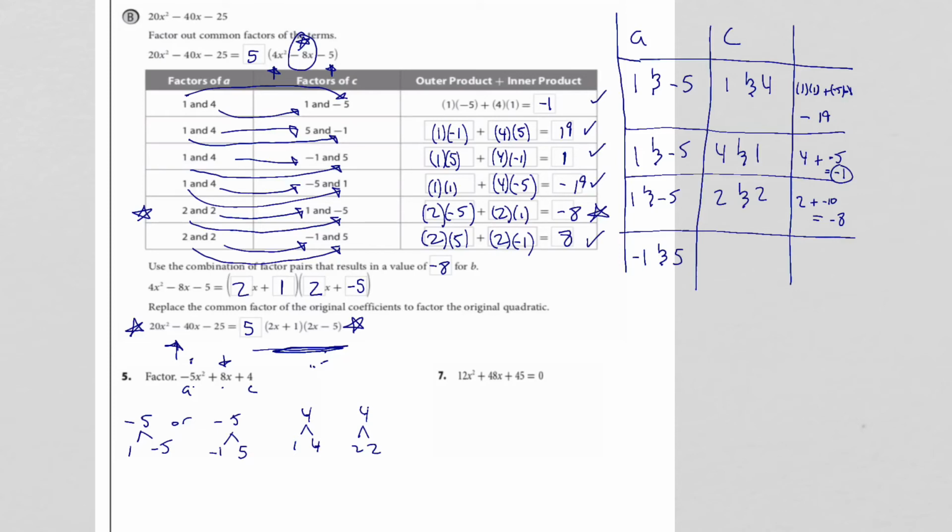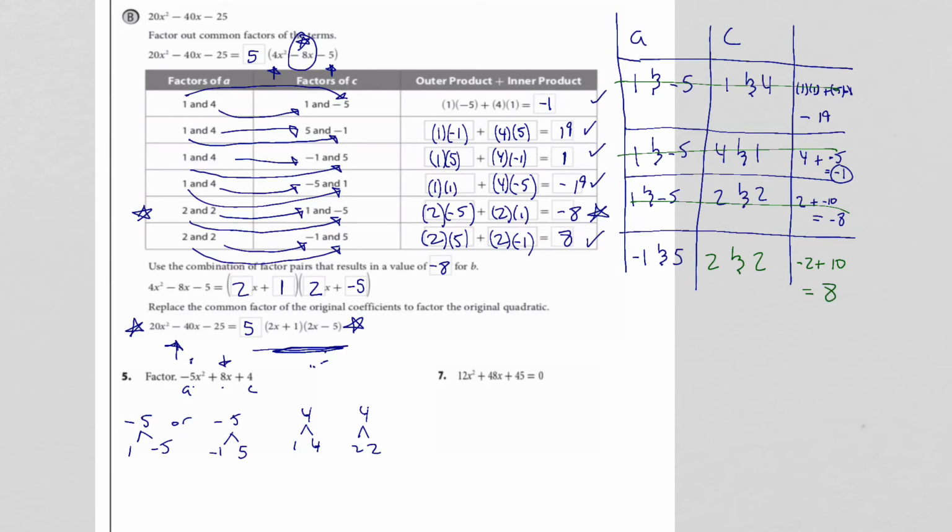So you can see, right? I don't necessarily know the answer when I start, but through process of elimination, I eliminate various combinations. And it is a little tedious, but this is the way to go about factoring these out. So I'm going to try -1 and 5, and then again 2 and 2. So 2 times a -1, we've got a -2, and then 2 times 5 is 10. 10 minus 2 does equal 8.